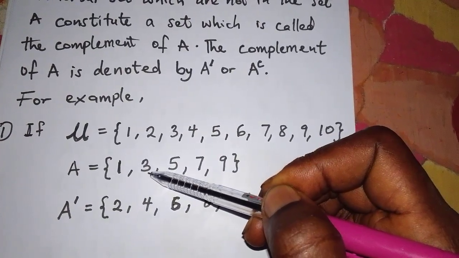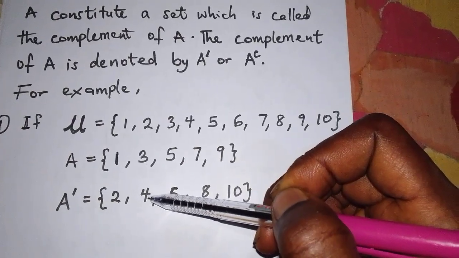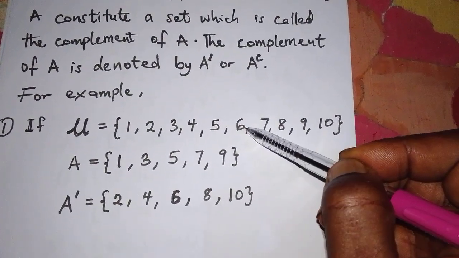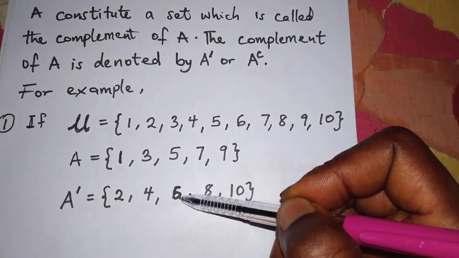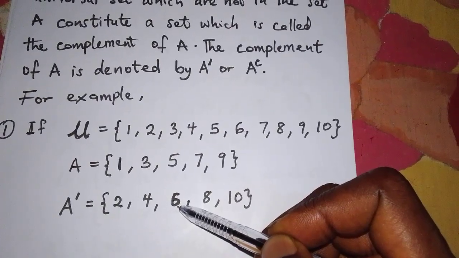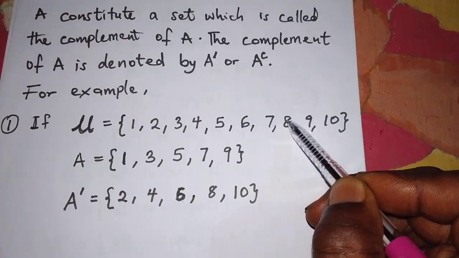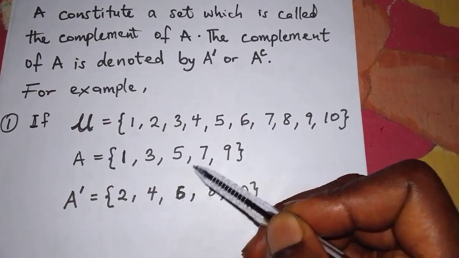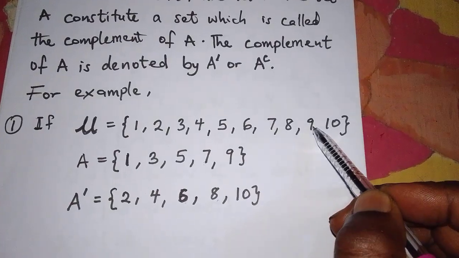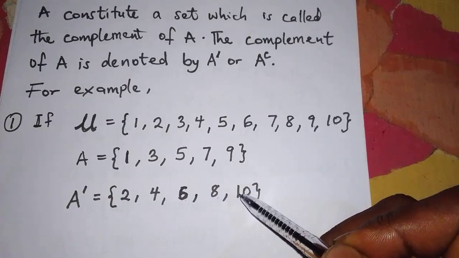Here 3 is in A. 4 is in the universal set, but not in set A. That's another element. 5 is already in set A. 6 is in the universal set, but not in set A. So these are the ones that form the complement of set A. 7 is in set A. 8 is in the universal set, but not in set A. So 8 is part of the complement of set A. 9 is in set A. 10 is in the universal set, but not in set A.